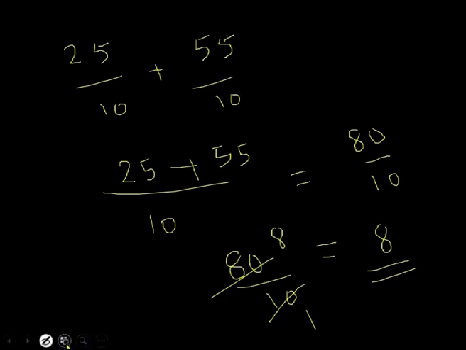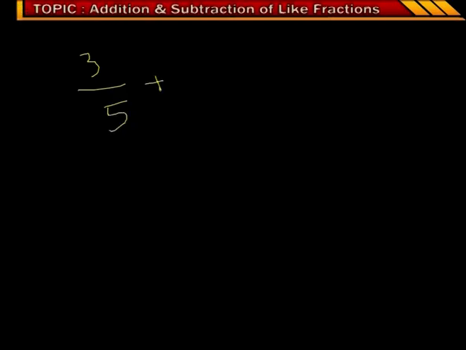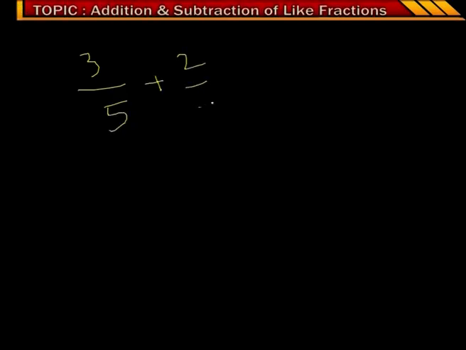And then next we will go for another. See children, when we are adding 3 by 5 plus 2 by 5, what will we get? These are like fractions. So when we are adding like fractions, we add the numerators 3 plus 2.